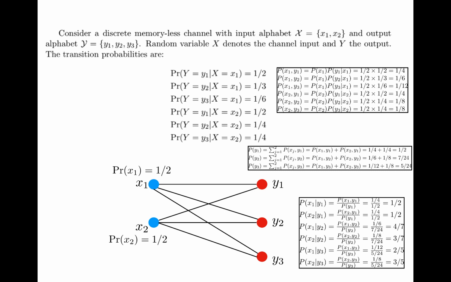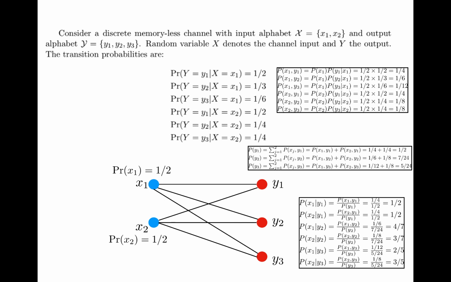Similarly, probability of x2 given y1 is probability of x2 comma y1 divided by probability of y1, and we have again calculated these two terms previously, so we get half again. Proceeding in a similar way, we calculate all the a posteriori probabilities, probability of x1 given y2, probability of x2 given y2, and we have all these values.